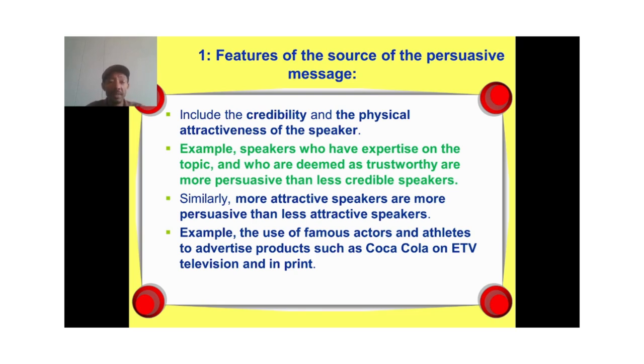So more attractive individuals are more likely to persuade people or audience on specific topic or about specific products. For instance, attractive individuals are more likely to persuade people to buy a product than less attractive speakers.